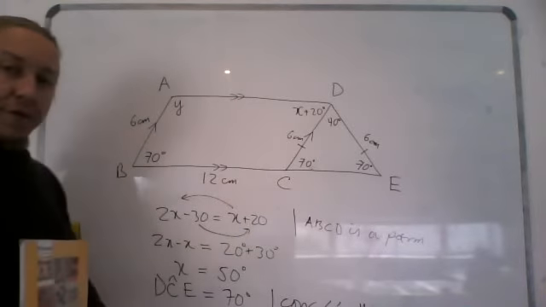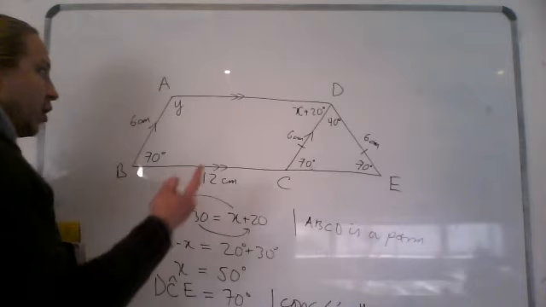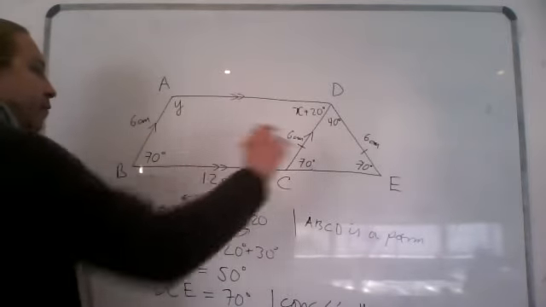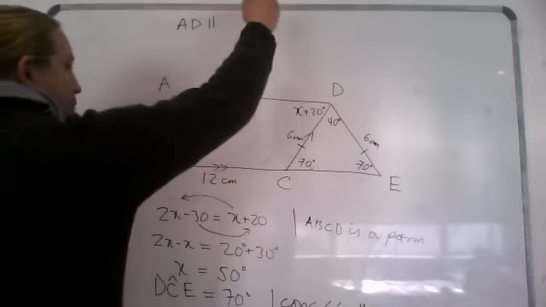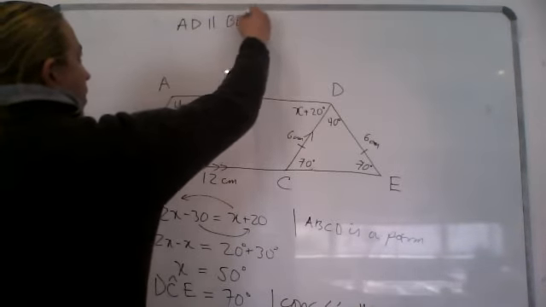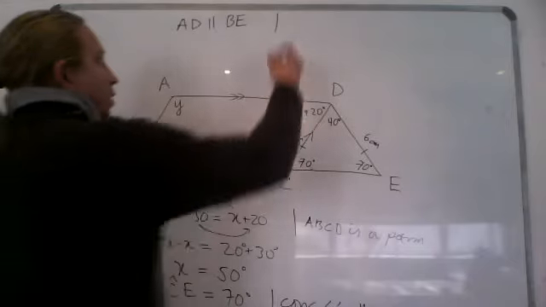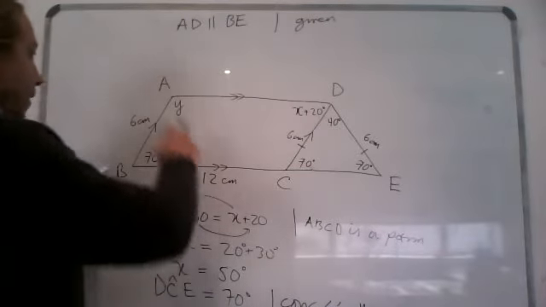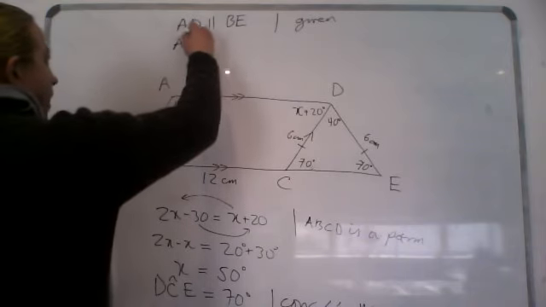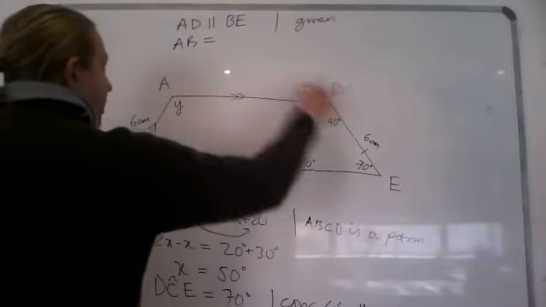So let's now prove that it is an isosceles trapezium. The first thing we need is a pair of parallel lines. So AD is parallel to BE. Why are we saying that? Well, it was given to us. Then we're going to say that AB equals DE.